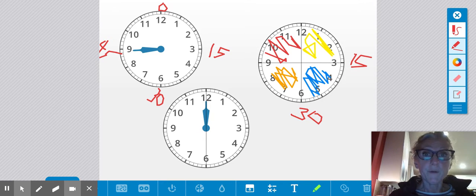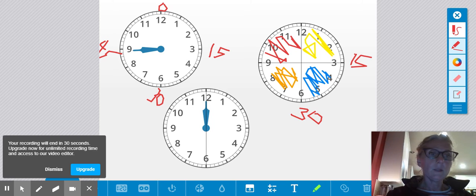A quarter of an hour is 15 minutes. Okay? Quar, or quattro, means 4. And you pronounce quarter like queen, quarter is 1/4 of something.